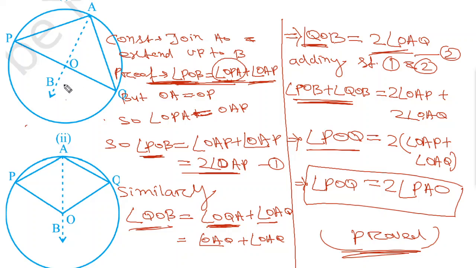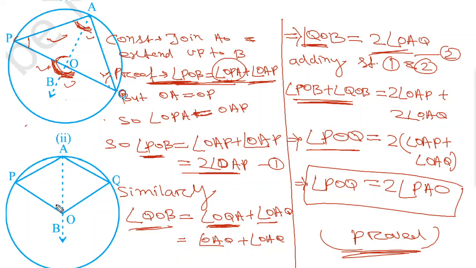Here same, this angle will be equal to sum of these two angles, and these two angles will be equal. Okay, here also same, this angle is equal to sum of these two angles. Okay, and you will add these two angles, then you will get angle POQ. POQ will be equal to 2 into angle PAQ. Okay, so it will be proved in the same manner.